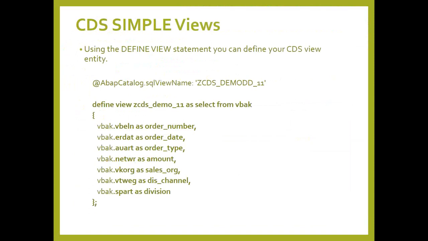Simple CDS view means you are taking all the data from a single table, selecting multiple fields, and writing any logic, arithmetic logic, string functionalities, control structures, case statements, or anything. All of this will be done in simple CDS. Simple CDS will go with only one table.